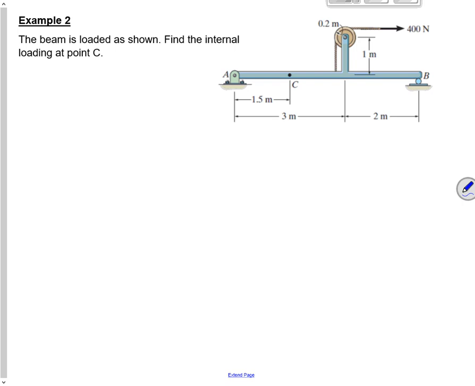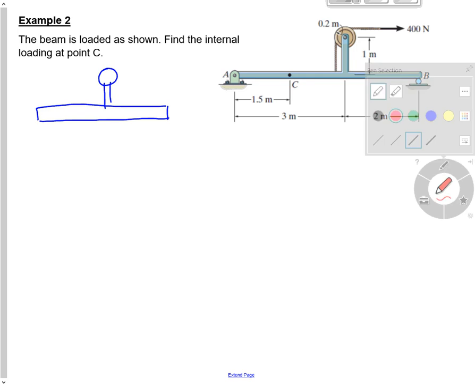I don't want to include all that pulley and stuff when I start analyzing the internal structure. So I need to find the support reactions at A.